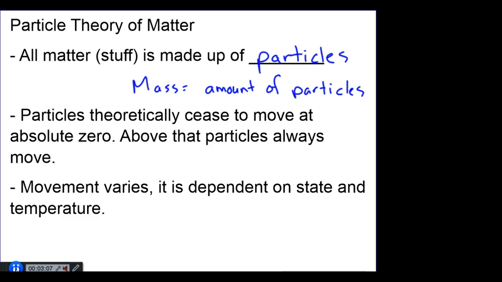The sun is more massive than the Earth by a number of times. I think it's 62 times or something like that. That's because it has way more stuff, way more particles than what the Earth is made up of. Oftentimes, people confuse mass with weight.